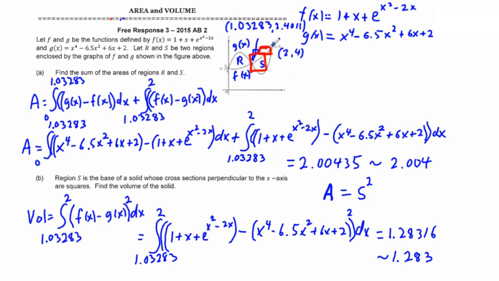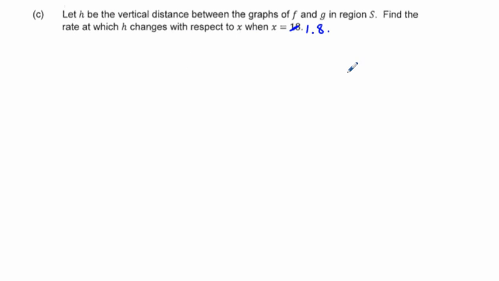So region S, we have the exponential curve here, and we have our polynomial function. So here's region S, and 1.8 is going to be about right here, just before 2.